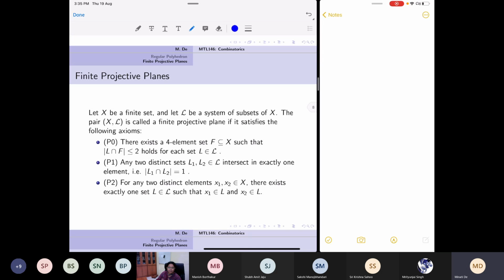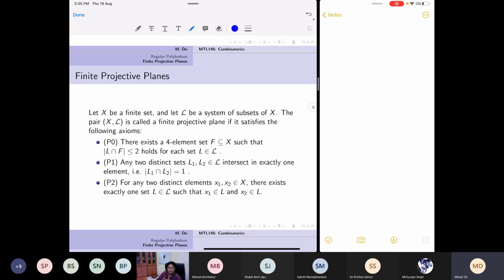To be specific, the first property is that there should be 4 elements in your set such that no 3 of them are collinear. That's the first axiom, I would say.